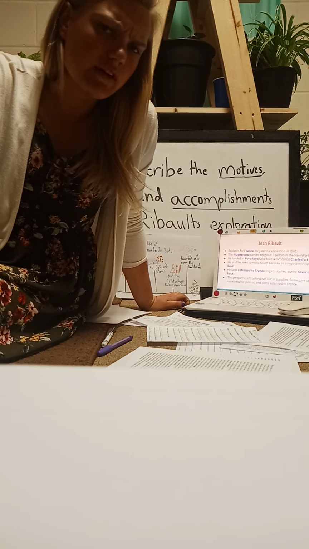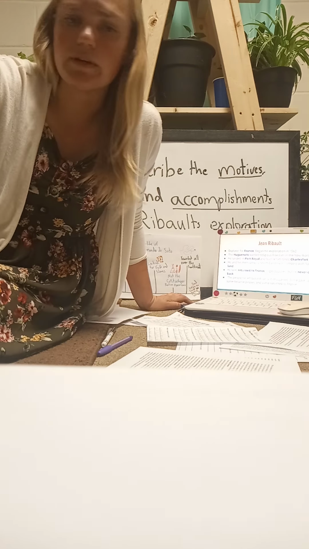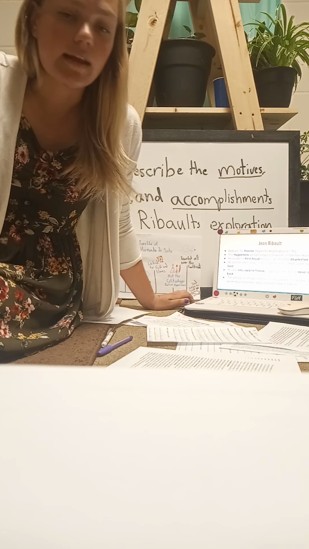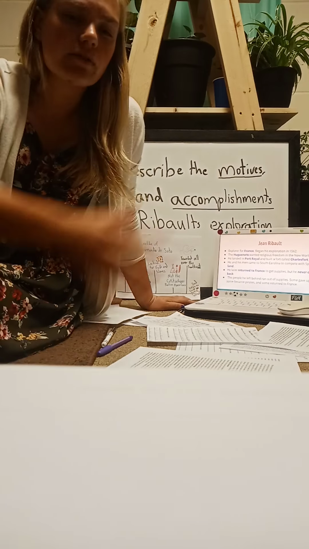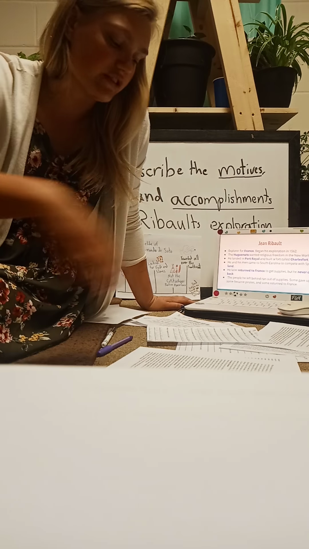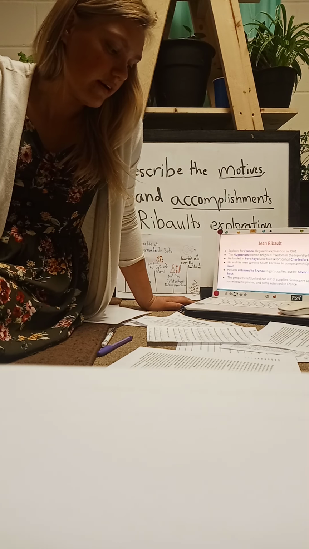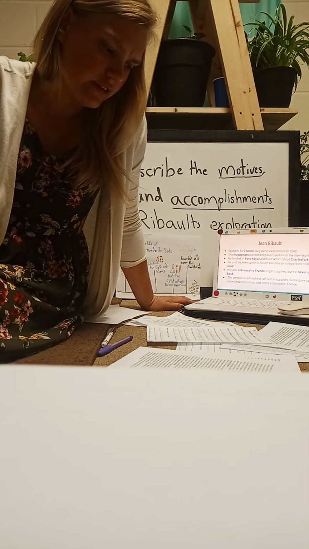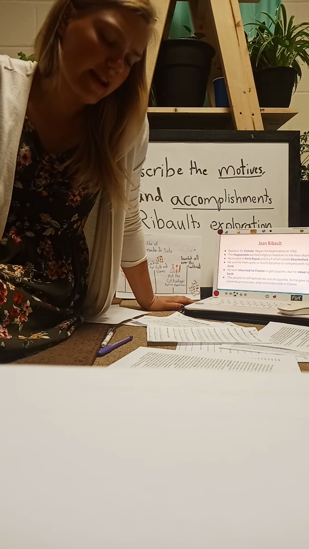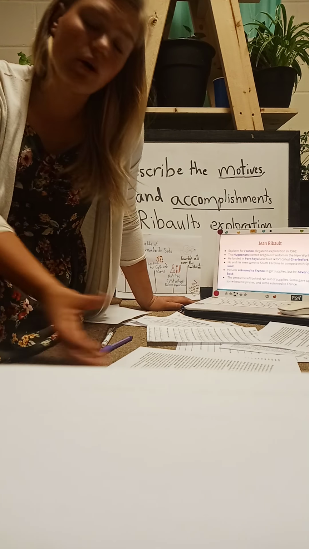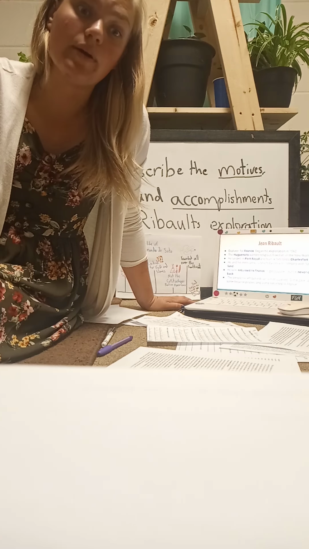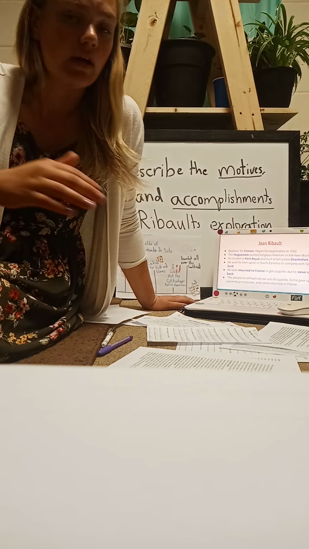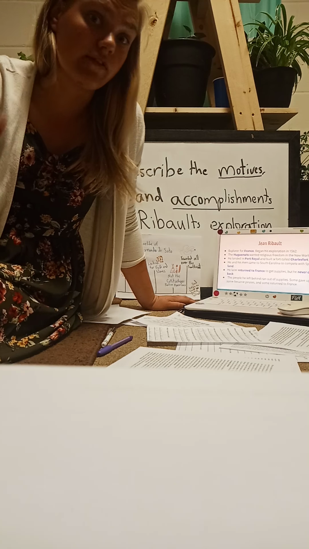And I can be like, hey, I realized you guys got this wrong. Can you kind of explain to me what you were thinking? Can I help you out? And not tell them the answer, but lead them to the right answer that they need to know to get it more correct and feel more confident about their learning. And again, if it was the whole class missing something, then I would have to reteach that and be like, whoa, I didn't say something clearly. Let's go over and talk about that again.